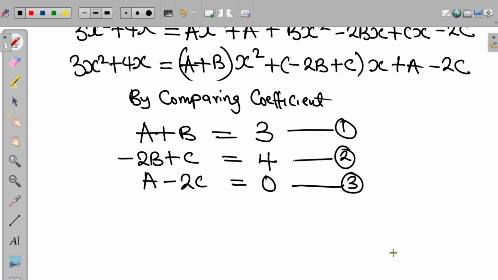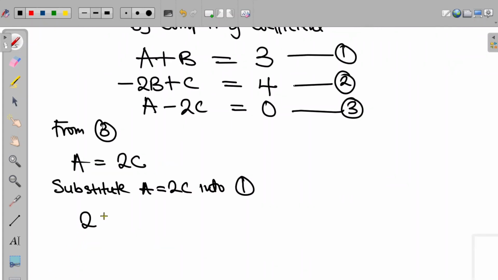From equation 3, we have that a is equal to 2c. Now, substitute a equal to 2c into equation 1. So equation 1 becomes 2c plus b equal to 3. Therefore, b is equal to 3 minus 2c. Now, to obtain the value of c, we substitute the value of b, which is 3 minus 2c, into equation 2.